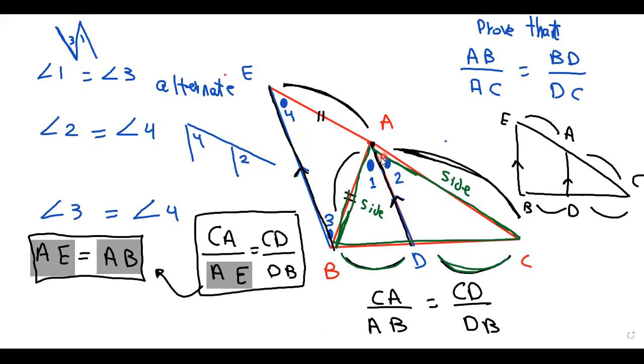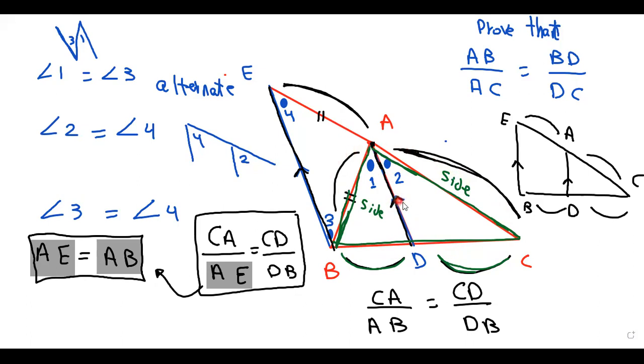From any vertex, this is the vertex I mean, it divides the base into two parts. The two parts are equal to the ratio between the other two sides.